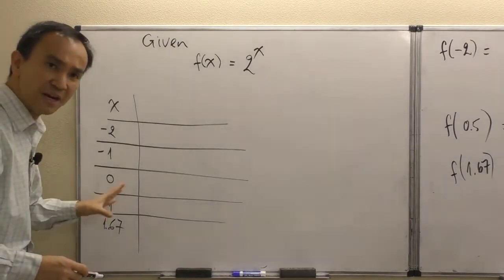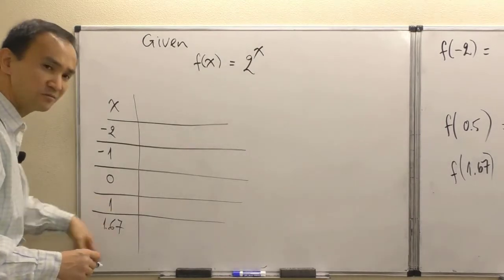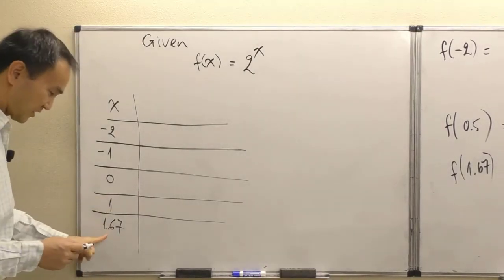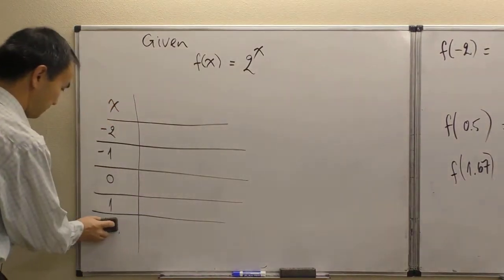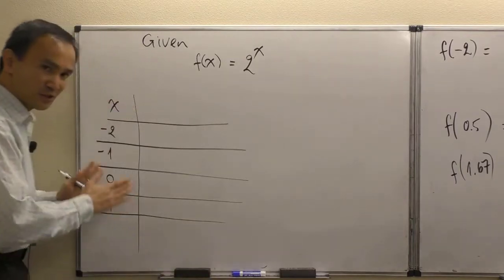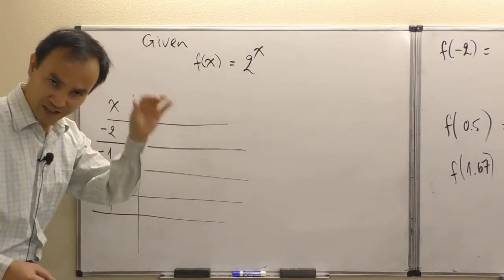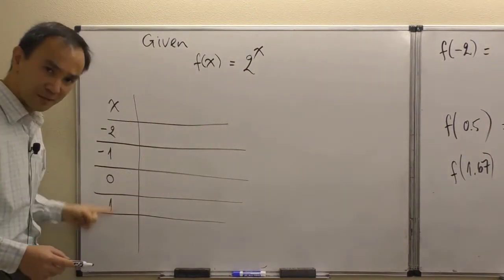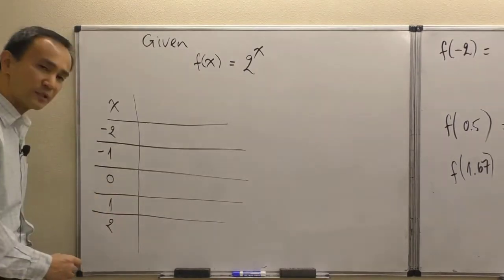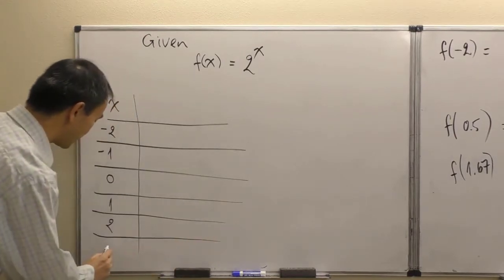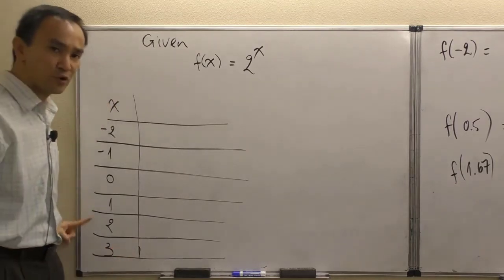We even tried with the input 0.5, but my table here is getting short, so allow me to leave that out. I just want to emphasize we also tried the input 1.67. But I'm a little bit under the pressure of short board space here, so I'm going to leave 1.67 out of this table. But just be aware that any of those inputs has a place on this table. Now we also tried x equals 2, and we also came to x equals 3. These are all the inputs that we have tried particularly.